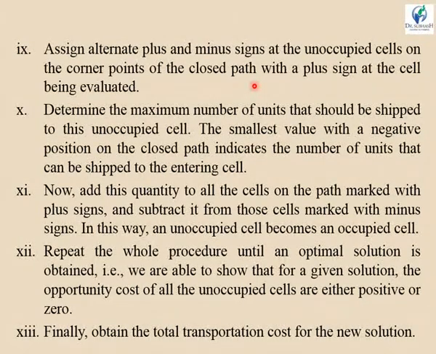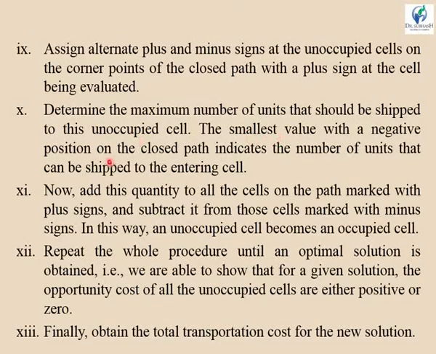Then alternately you change the sign: plus, minus, plus, minus. This is our 9th point. Then the 10th point: determine the maximum number of units that can be shipped to this unoccupied cell. How many units can be shipped to this unoccupied cell is to be found out once you draw the loop.